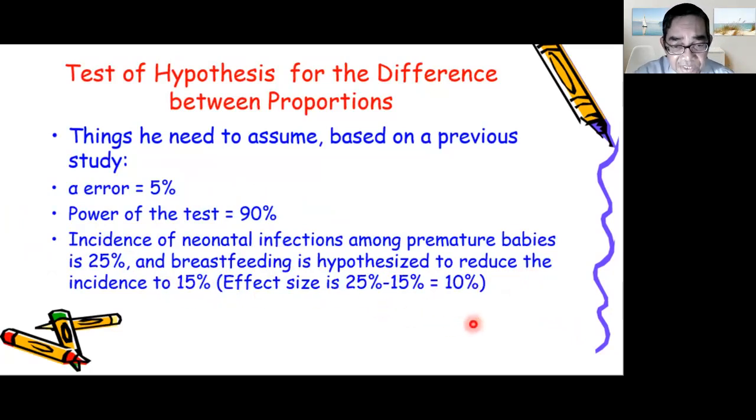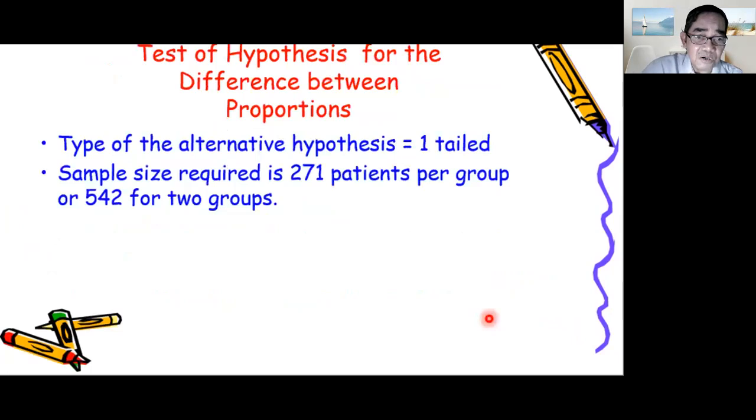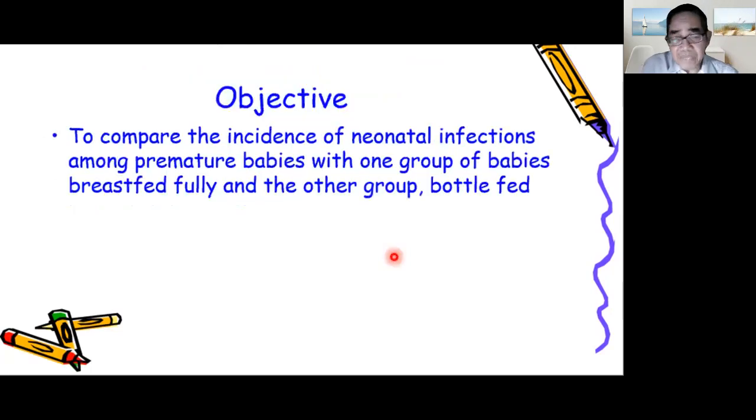So the effect size is 10%. 25 minus 15 is 10%. And so he will then have a one-tailed alternative hypothesis, and the sample size required is this much, using the calculator.